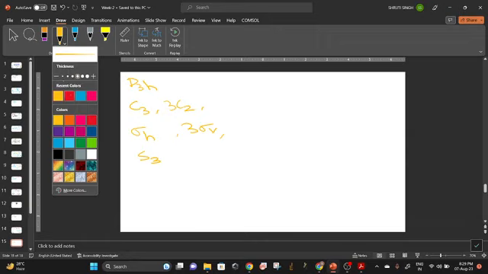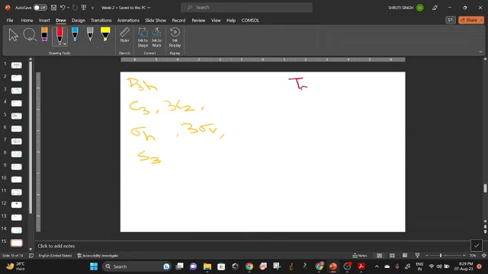Now for tetrahedral, it has one C3, but this one will have 4. And how many C2s? 3 C2, I think. There will be S6 also.